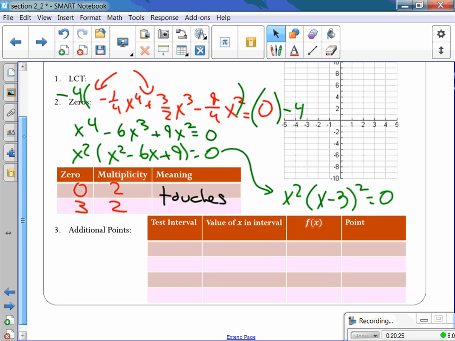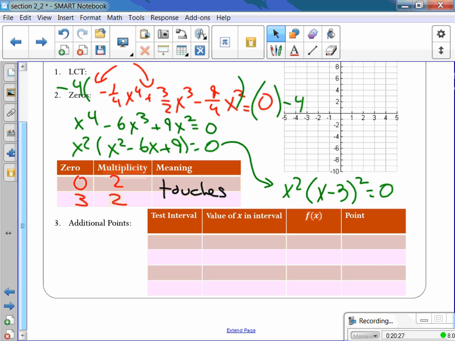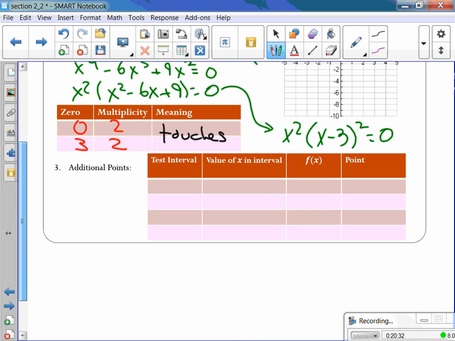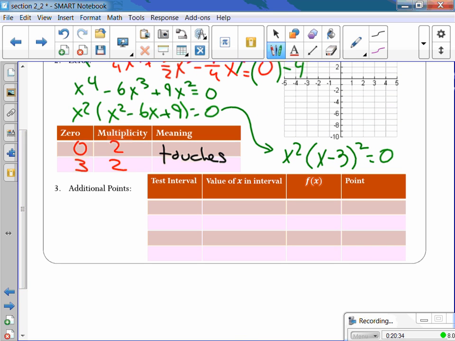So, with the test interval, again, split up by the zeros. Looks familiar. And we can either use the same numbers that Chris gave us or something different, and it's all up to Harrison. Negative 1. 1.